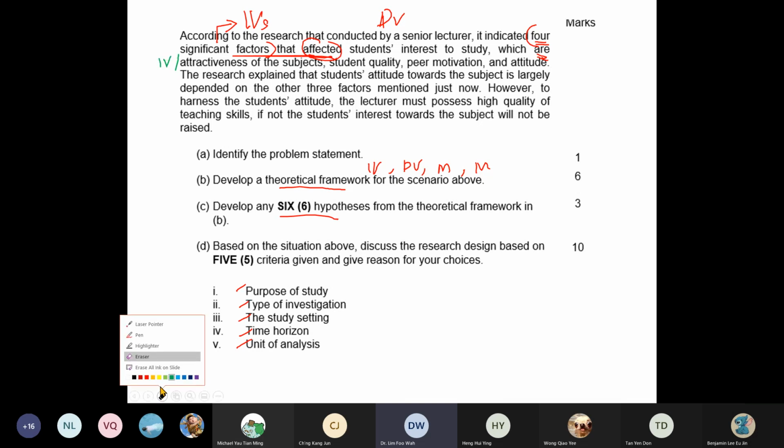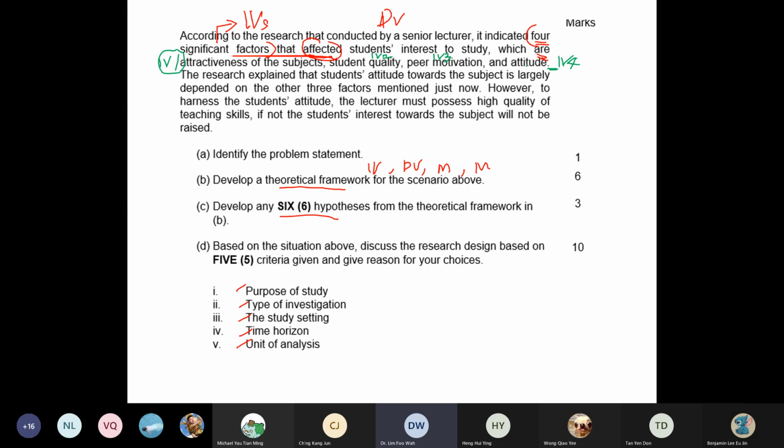Then the second IV, student quality. IV3, peer motivations, and NTQ, I assume that this is IV4. If the question stops over here, then this NTQ will be IV4.